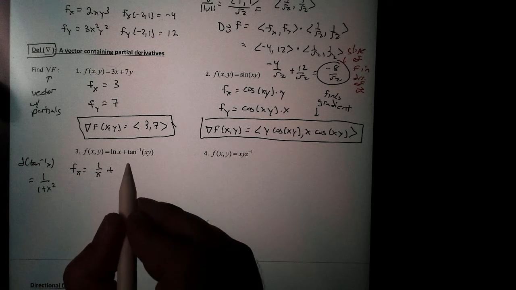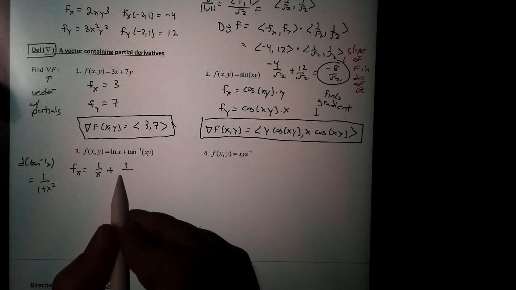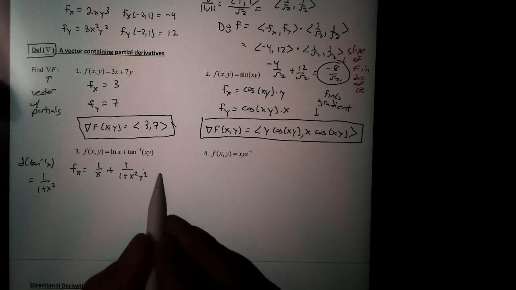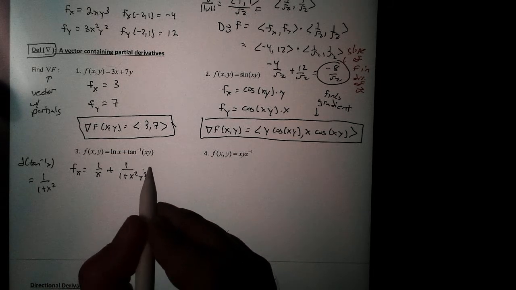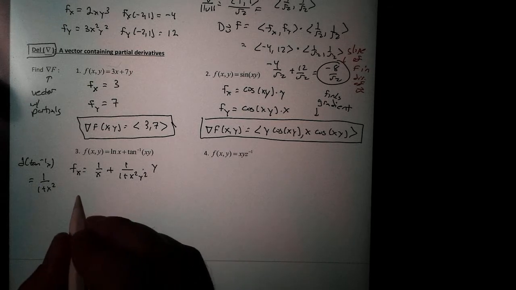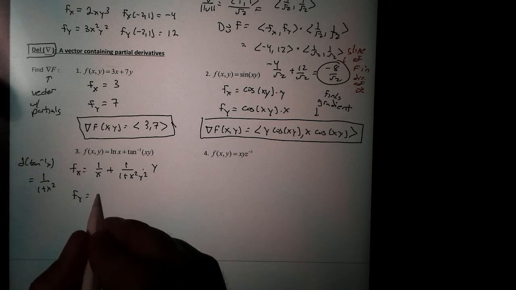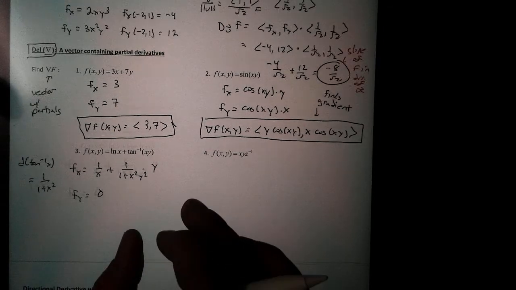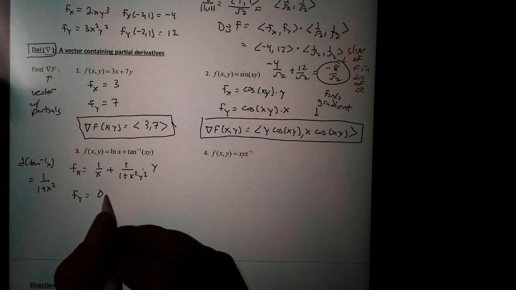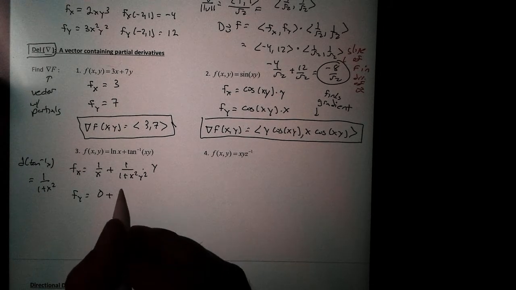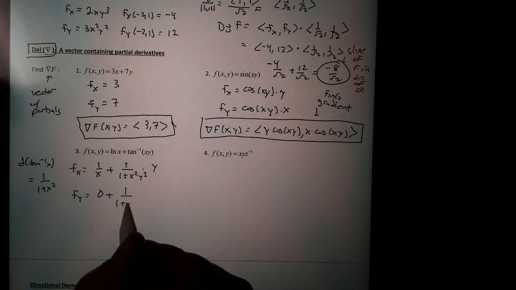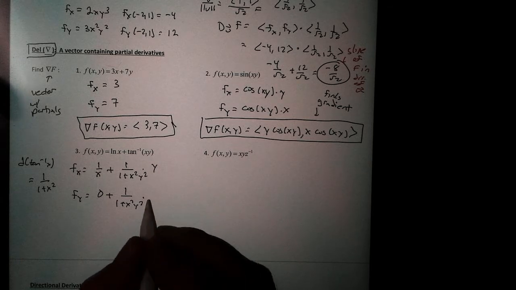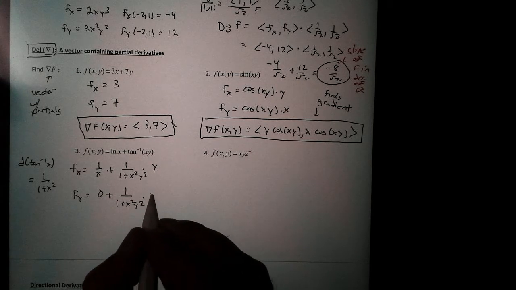So this becomes 1 over 1 plus x squared y squared, times the derivative of the inside with respect to x, which becomes y. So my partial with respect to y, look, that's just 0, because natural log of x has no y in there. Plus, this becomes again 1 over 1 plus x squared y squared, and the derivative of the inside with respect to y becomes just x.